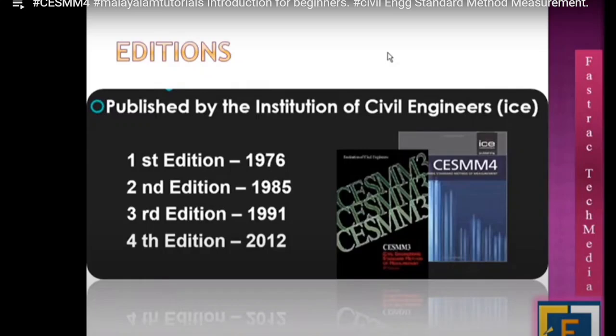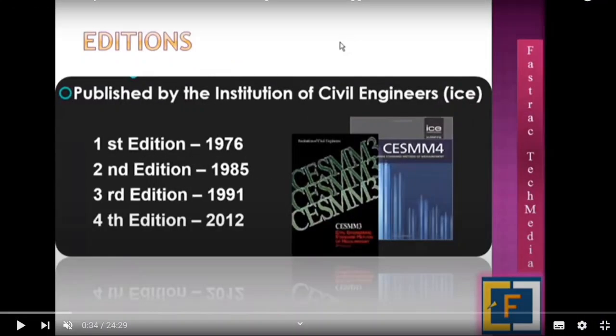Specialty of CESM is you cannot even study it yourself. Means through YouTube you cannot study all aspects of CESM. You can just go through.